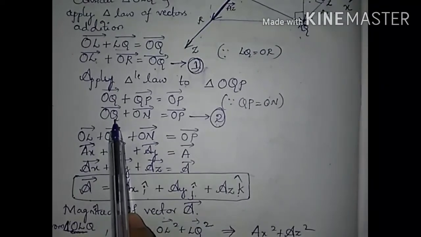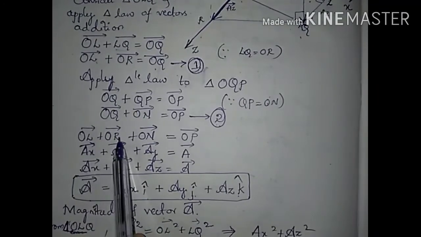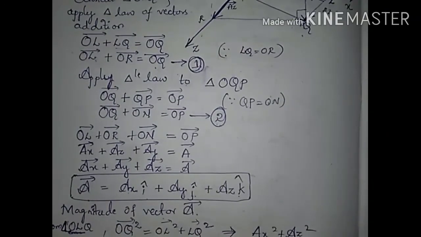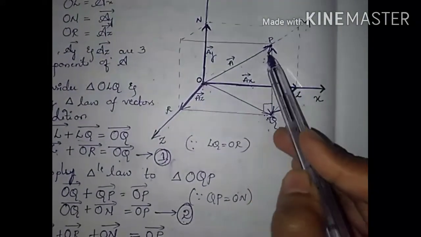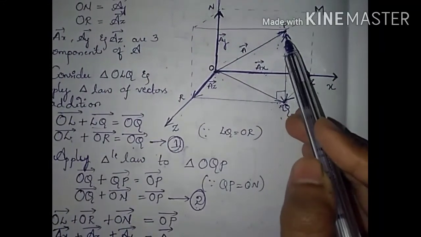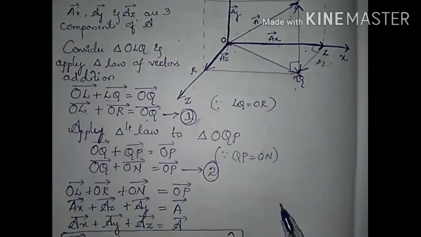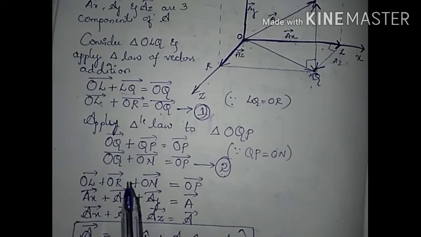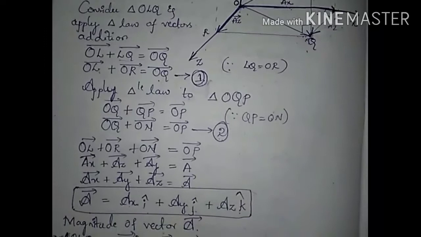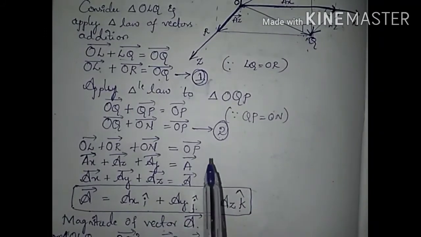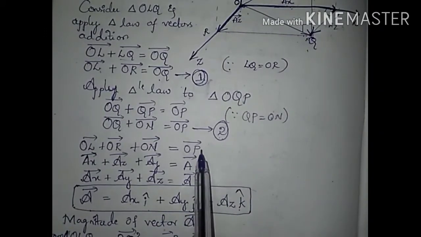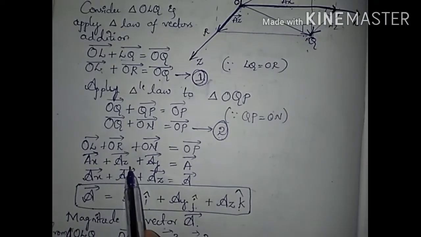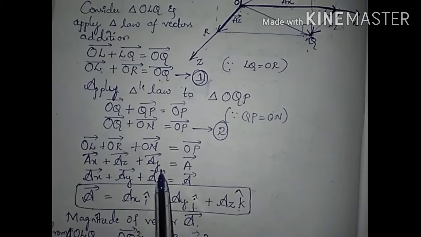So if you substitute OQ, then OL plus OR plus ON forms OP. Now we got to know that this vector OP is the addition of OL plus OR plus ON. So now if you substitute what OL, OR and ON are, then you will get OP, and OP is vector A. So OL is Ax, OR is Az and ON is Ay.